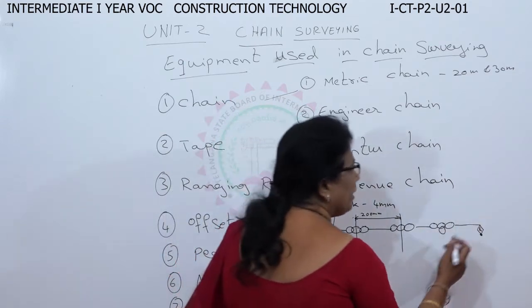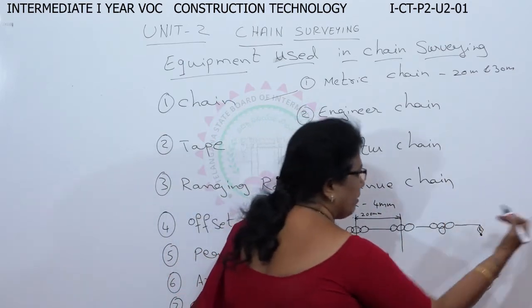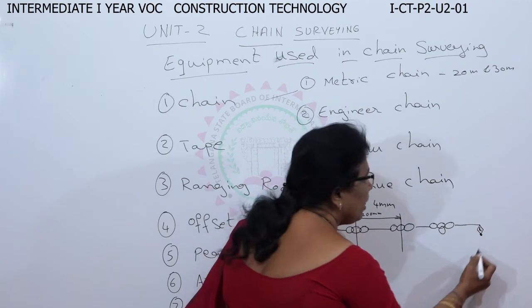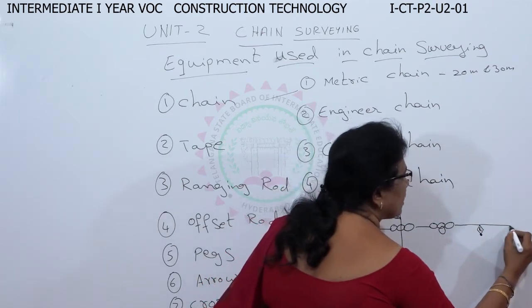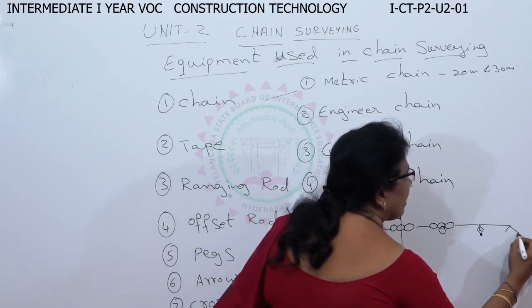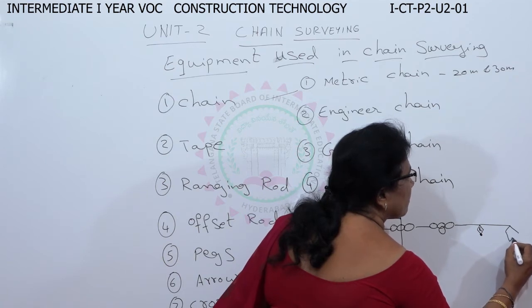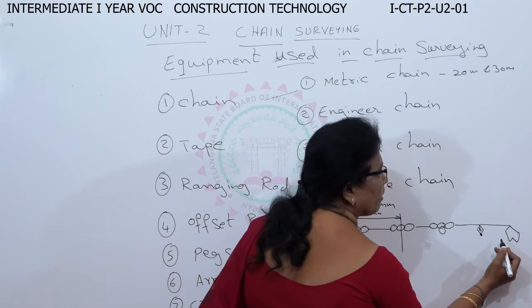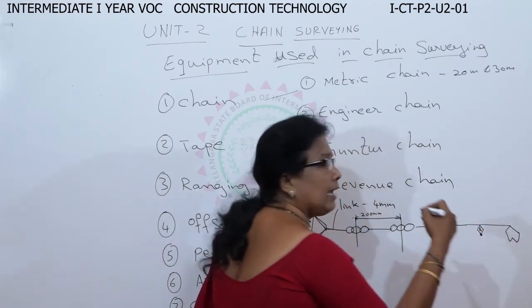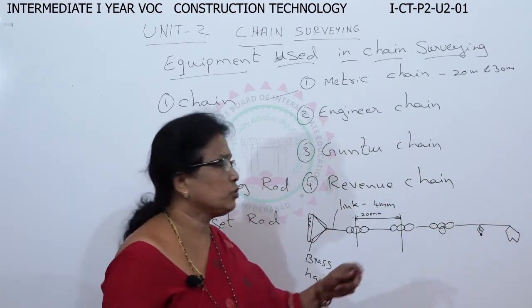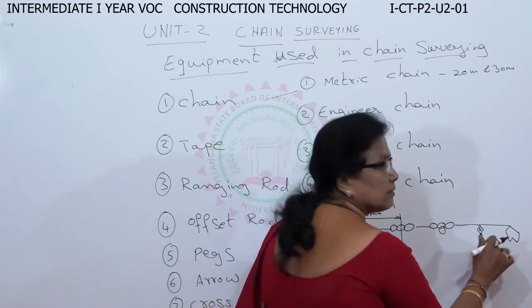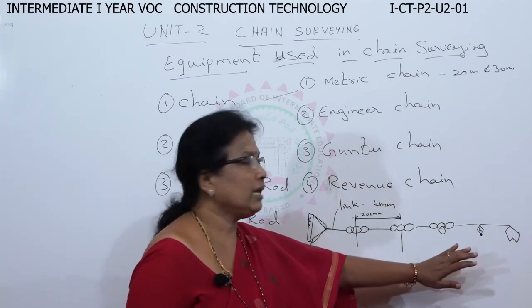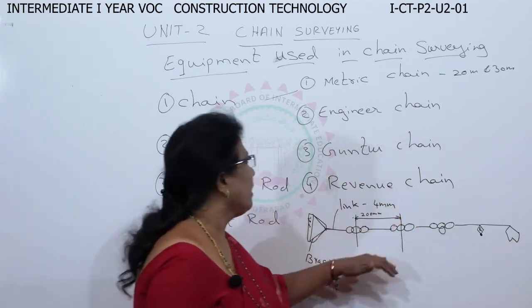And for every 10 meters, you will have a tally with 2 edges. That means 5 meters, that means 10 meters. And again for 15 meters, you will have 3 edges, and so on. So that is called a tally. For every 5 meters, you have a tally.